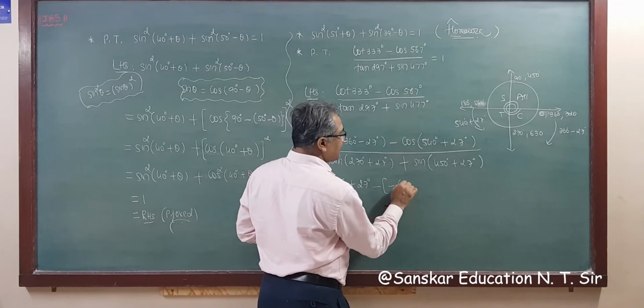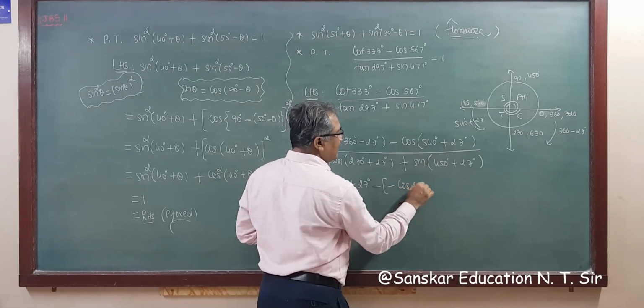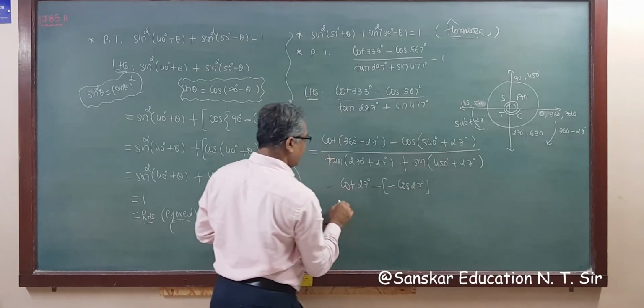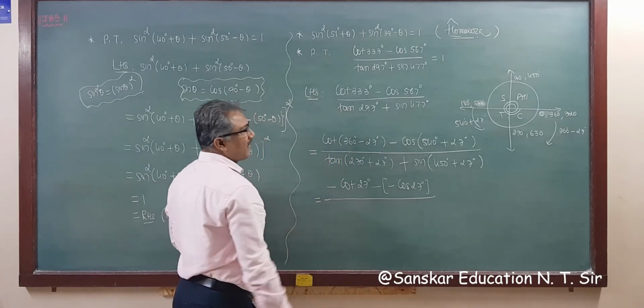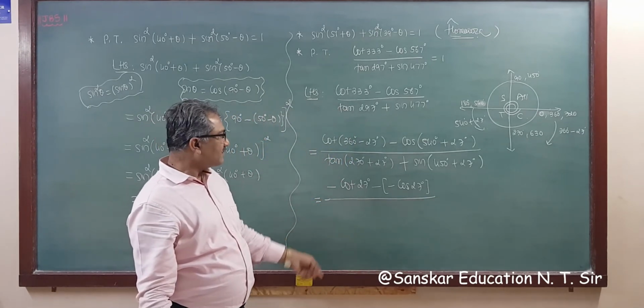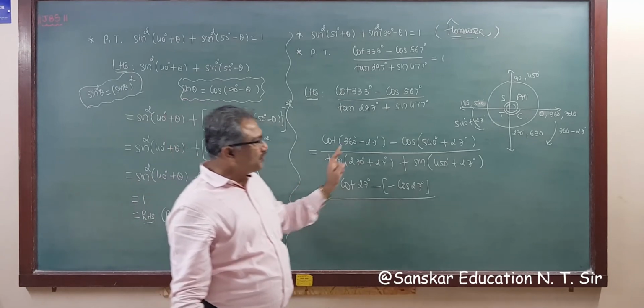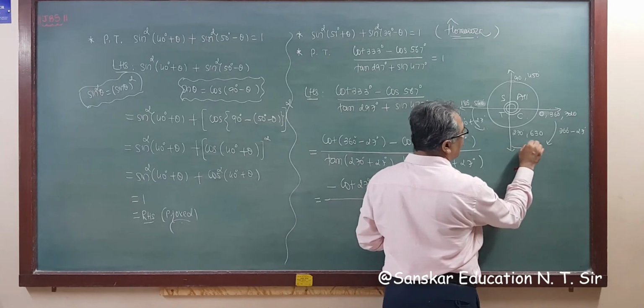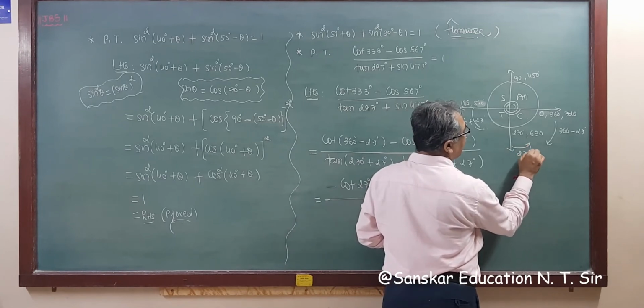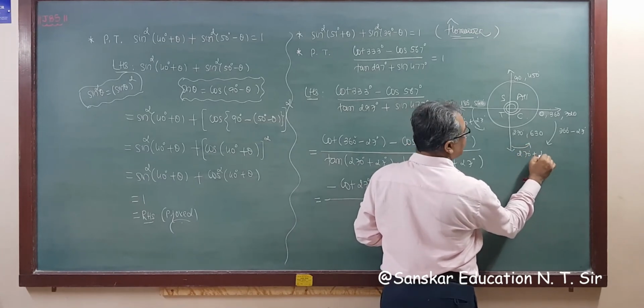So this is cos, and the angle is 27 degree, whole upon tan. 270 is here, plus means we have to move into the fourth quadrant. This is 270 plus 27 degree.